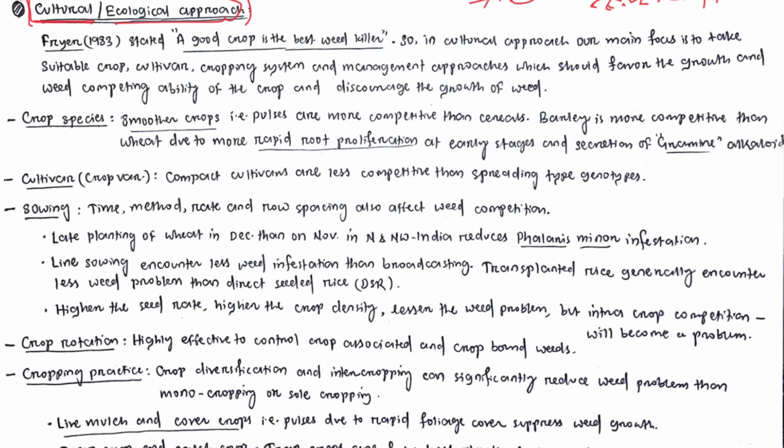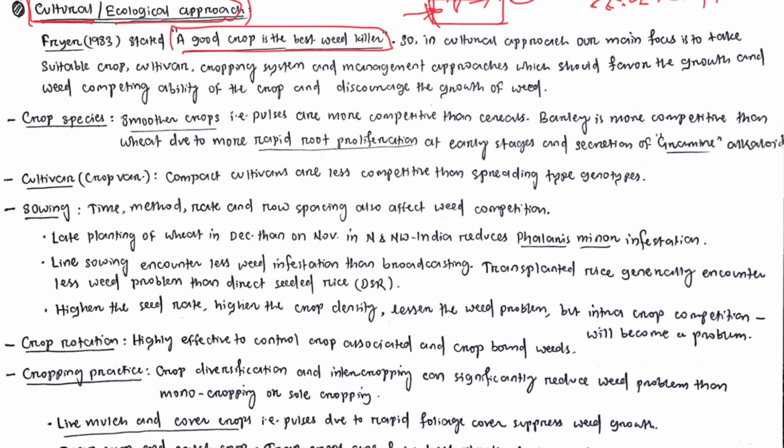This is basically the principle of a good crop is the best weed killer. In a crop weed ecosystem, suppose we have a farm and we are trying to control the weeds there. Weeds are basically the unwanted plants, and the crop is our desired plant. When we manage resources in an optimized way for our crop plant, and it gets optimum resources, it will grow vigorously and can itself compete with and suppress the weeds.